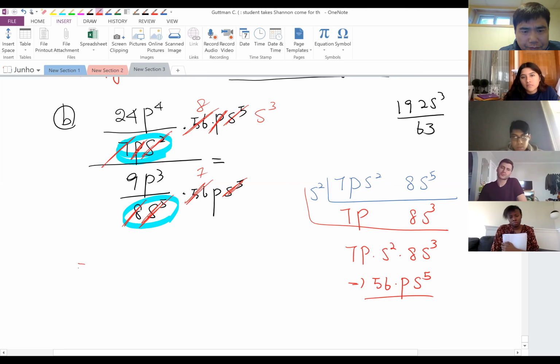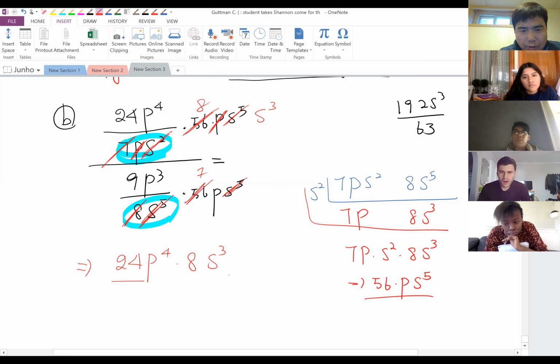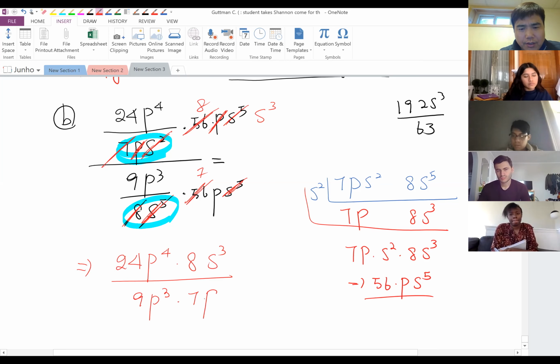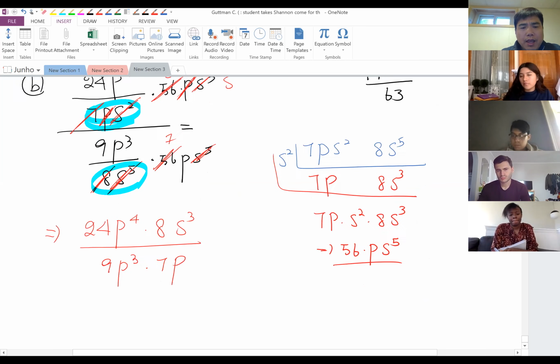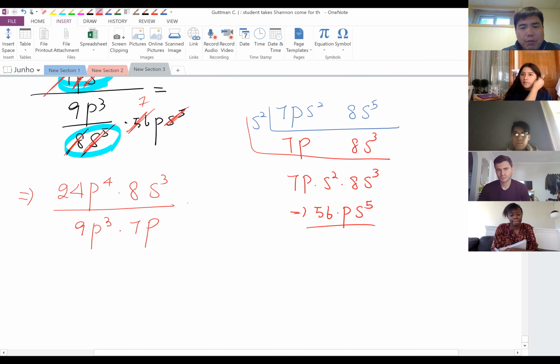Then the numerator becomes 24 P4 times 8 S cubed over the bottom 9 P cubed times 7 P. Of course, I can multiply right away, but in this factoring form it may be easier for me to simplify.